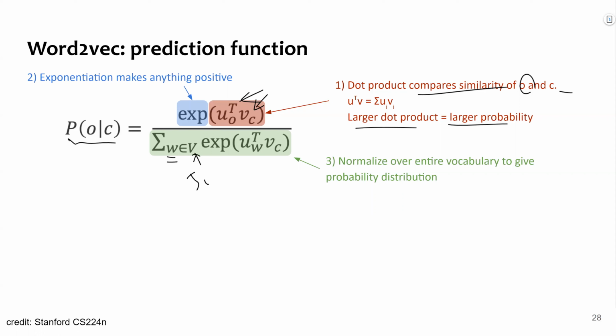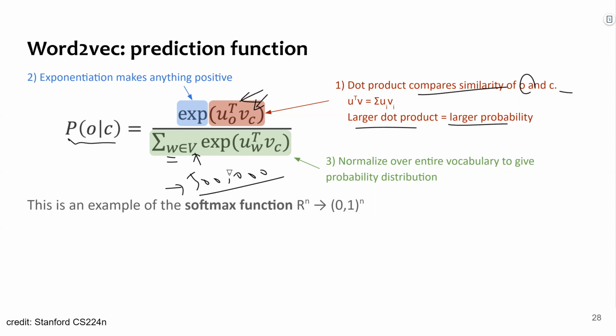Let's say our vocabulary contains 500,000 words. Then we need to repeat this process for 500,000 words. This is an example of the softmax function, mapping from R^n to (0, 1).